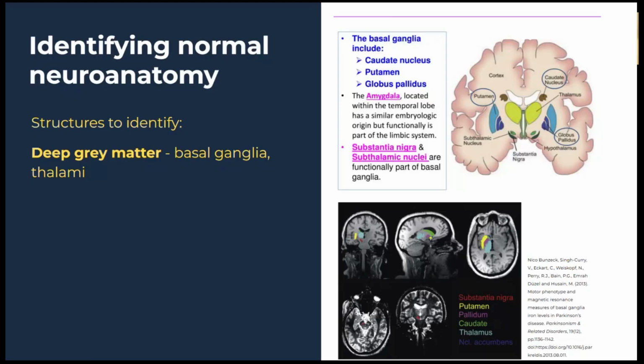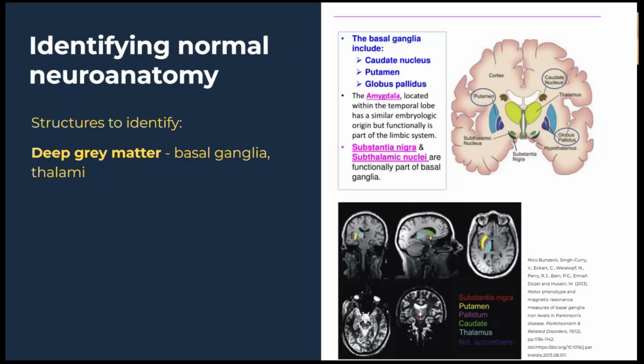And then something to be aware of when thinking about strokes is that the thalami are sensory relays, so they coordinate the afferent signals coming towards them, and that can cause sensory loss when those are damaged.